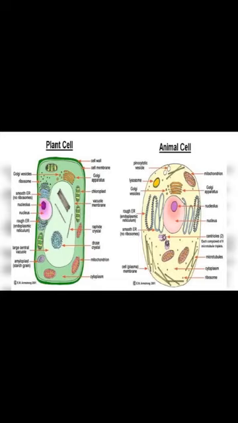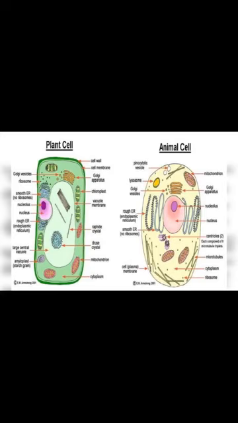Here typical means model. Typical means model cell. Here we are going to learn about plant cell and animal cell. How can we identify which is a plant cell and which is an animal cell?